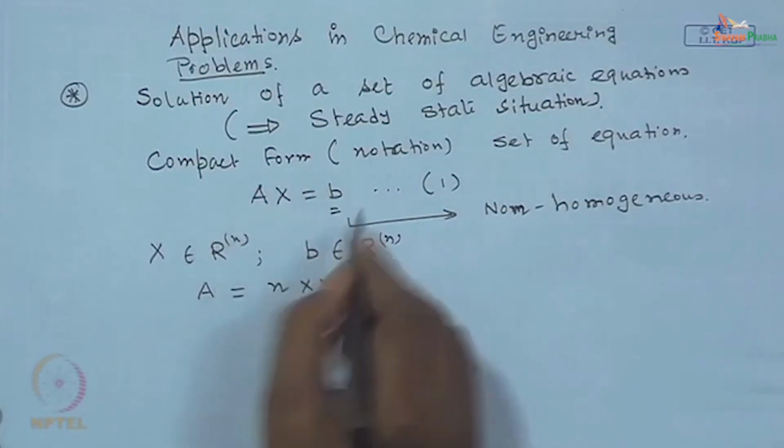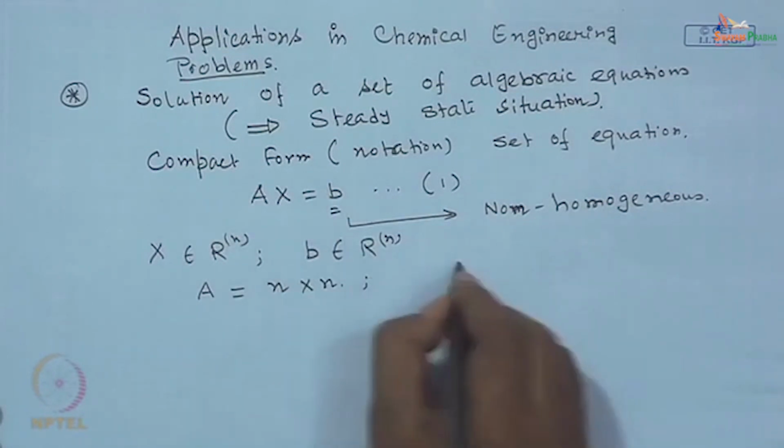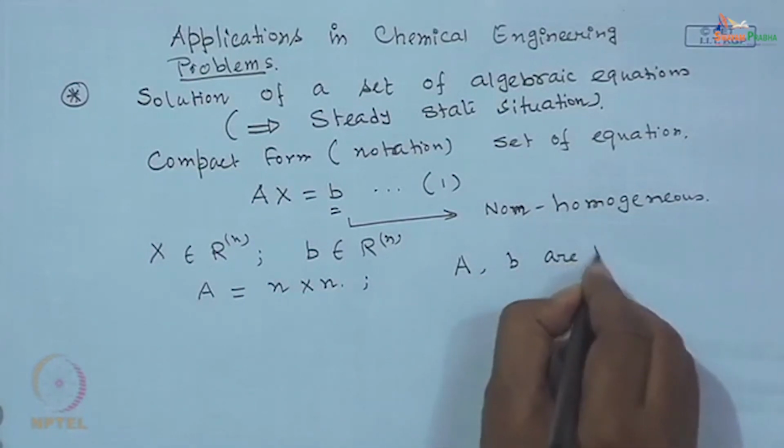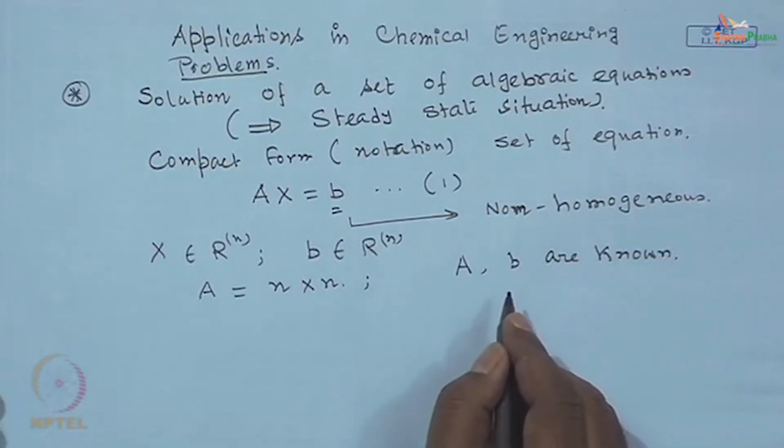Now, in this equation 1, A, B are known, because whenever you are modeling the chemical engineering process, you are writing some mathematical expressions to express the chemical engineering processes. So, that is called the modeling. Solution of them is the simulation.